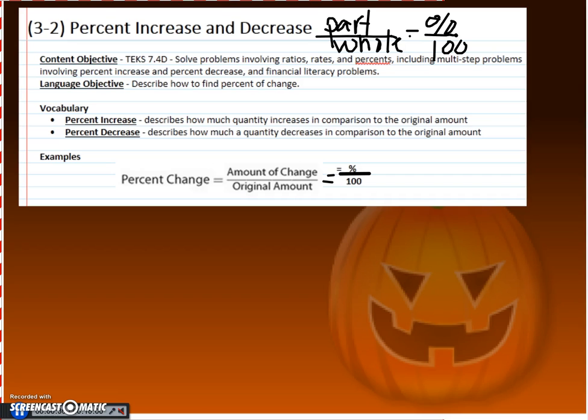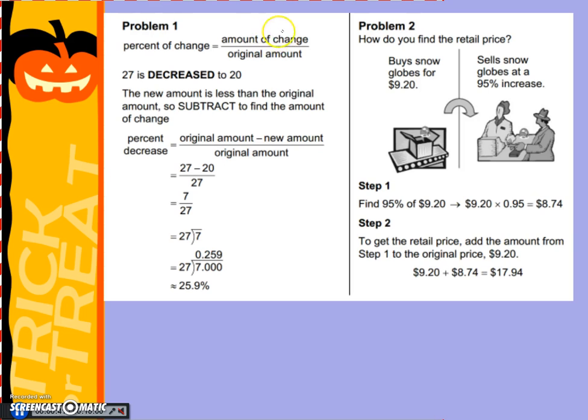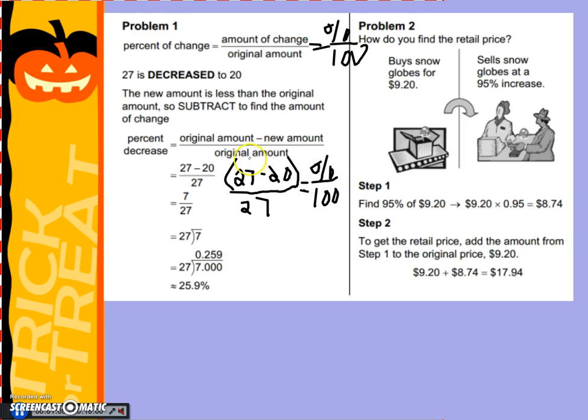All right, let's look at example 1 or problem number 1. On problem number 1, it is the part, amount of change, over the whole, which is the original amount, equals the percent over 100. 27 is decreased to 20. So the part is going to be 27 minus 20 over the whole, which is the original amount, 27, equals percent over 100. 27 minus 20 is 7. 7 times 100 is 700.